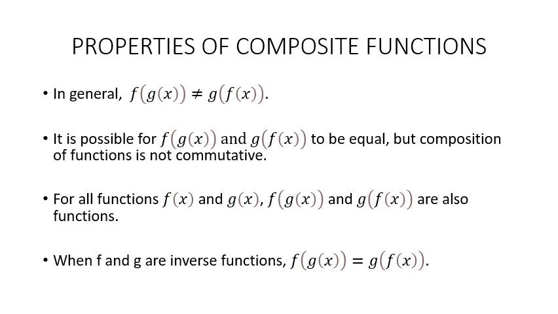This will help you determine whether two functions are inverses, and later than that, it will tell you how to compute derivatives of inverse functions. So when f and g are inverses of each other, f of g of x will equal g of f of x, and they will both equal x. That will be more important once you want to know about inverse functions.